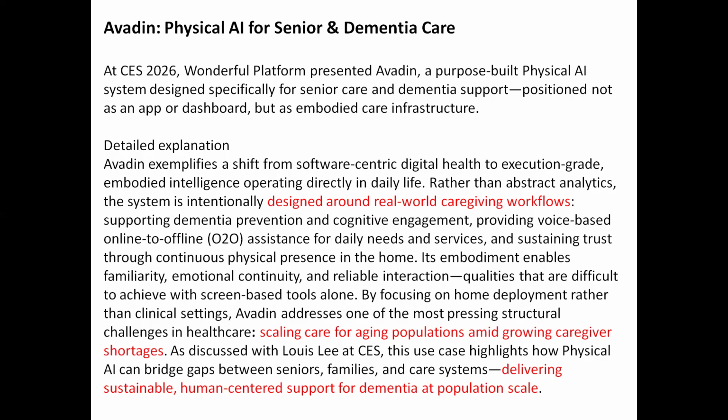You may have experience with the several types of social robots that support elderly people or sometimes children. This is one of those types, targeting scaling care for the aging population and delivering sustainable, human-centered support for dementia at population scale.